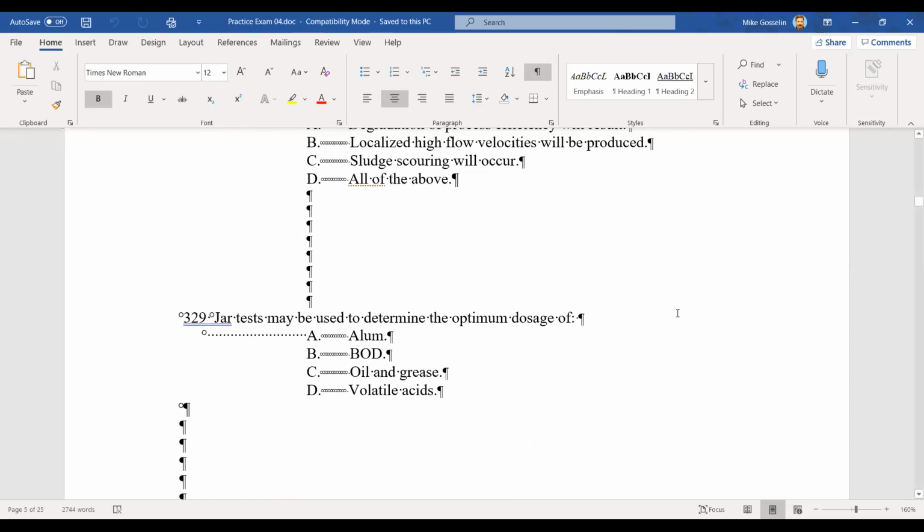Anybody not understand what a jar test is? There may be questions on jar tests, so if you have any questions on jar tests now, or do some reading up on it, but it'll probably be there as well. Okay.